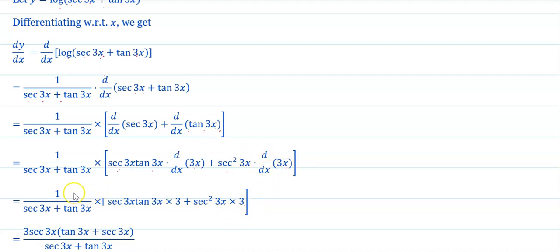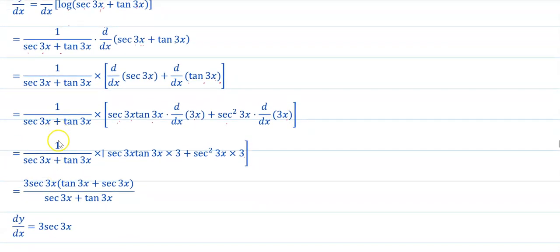And hence the answer we have 1 upon sec of 3x plus tan of 3x. A normal multiplication. Derivative of 3x is 3. Derivative of 3x is again here 3. Sec square 3x. Here is a sec of 3x into tan of 3x plus sec square 3x. Take 3 times sec of 3x as a common from the numerator, and then in bracket you will get tan of 3x plus sec of 3x.